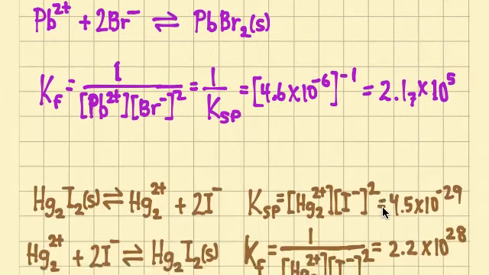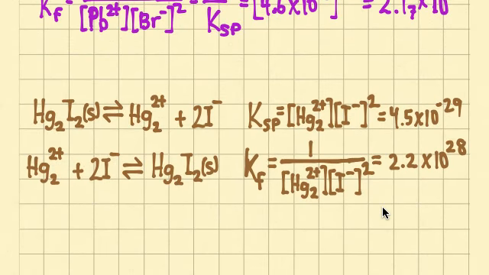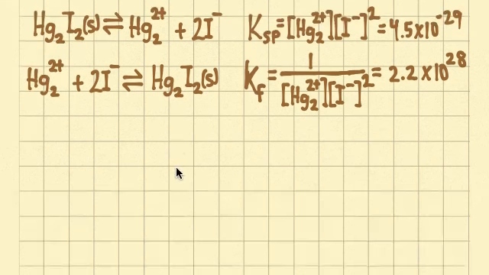Or make it even smaller if you'd like. Here's the weird one, dimercurous mercury 1 plus iodide, solid, solubility product 10 to the negative 29. So take the reciprocal of that to ask how likely these are to want to come together to form this, and the answer is a lot, very likely.